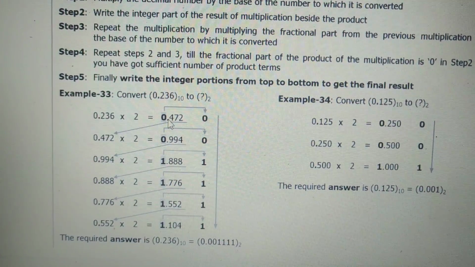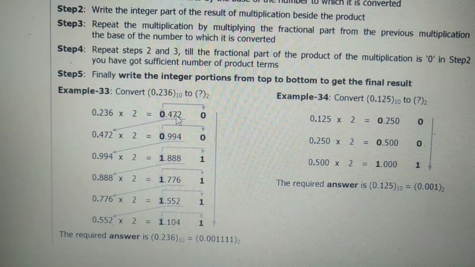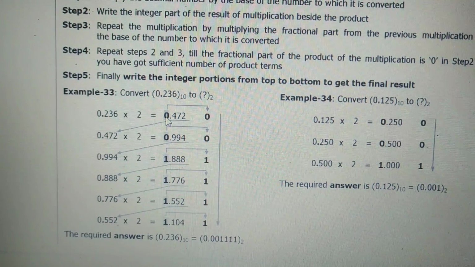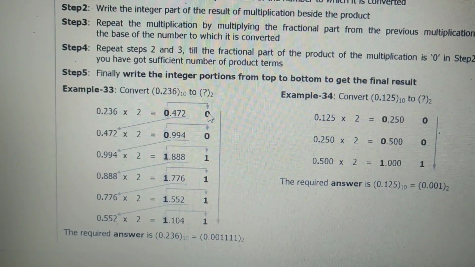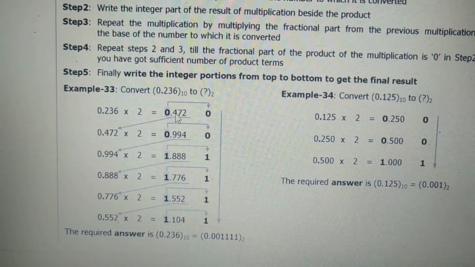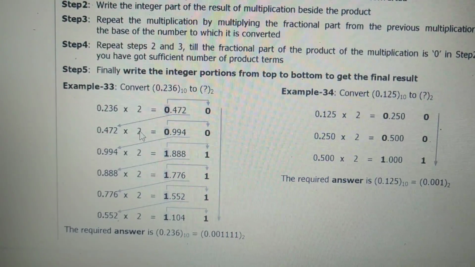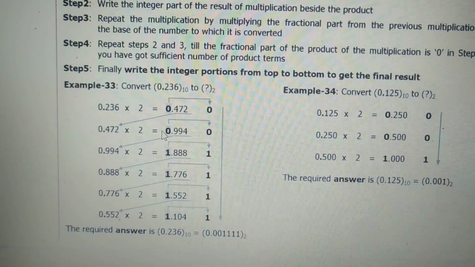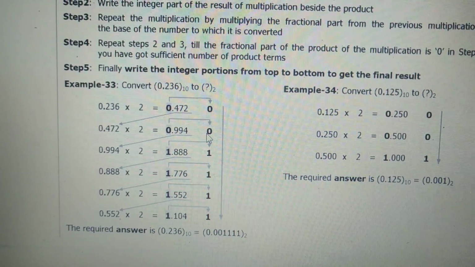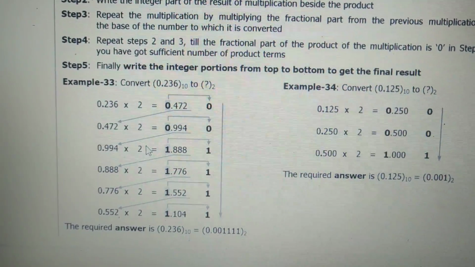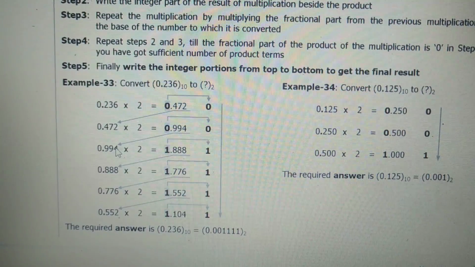What result are we getting? 0.472. So 0 is the integer part, which we write beside, and the fraction left is 0.472, again multiplying with 2. We get 0.994. Again we write 0 over here. The fraction left is 0.994, again multiplying with 2.